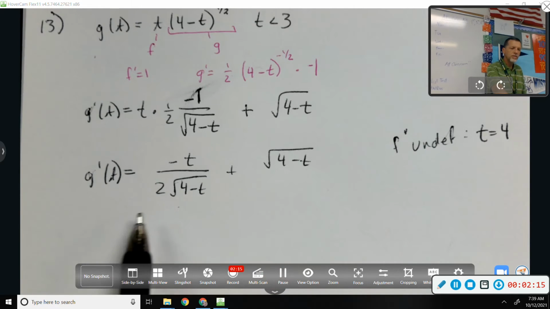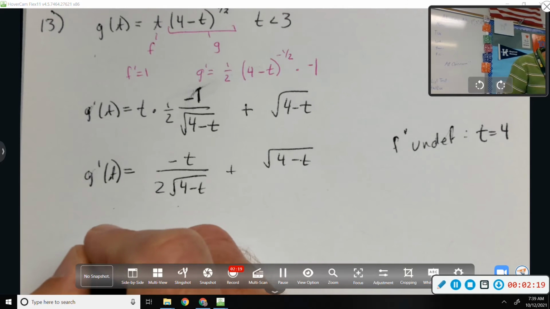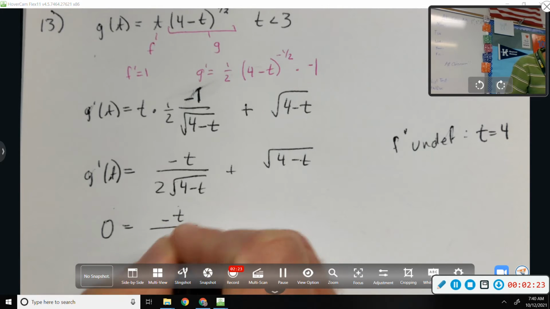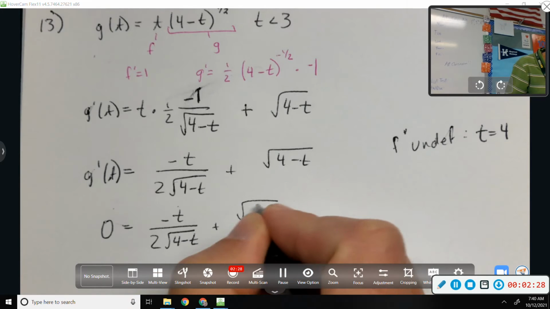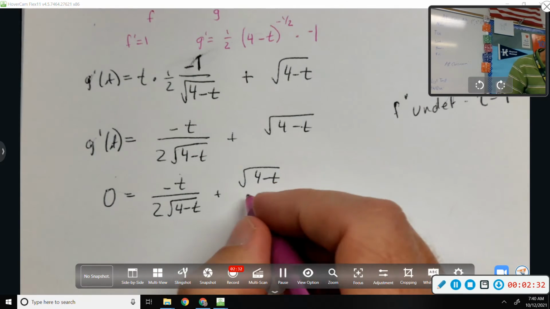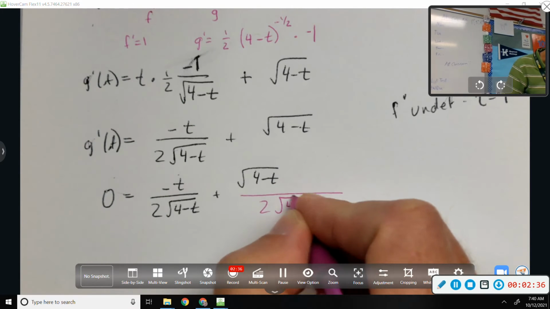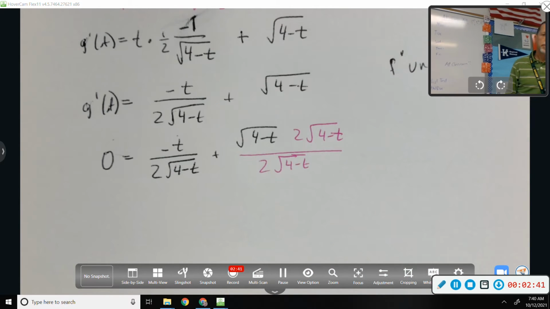I also want to set it equal to 0 to find what would make it 0. And I think the easiest way to do that is going to be with a common denominator. So 2 square root 4 minus t, top and bottom of the second one.